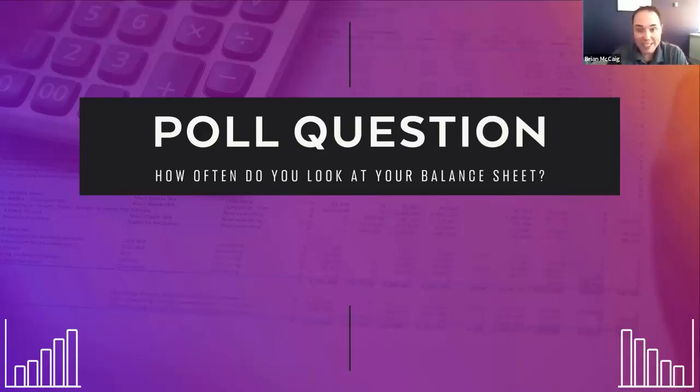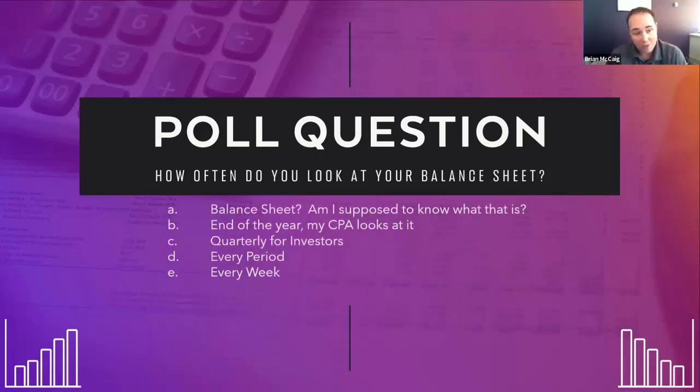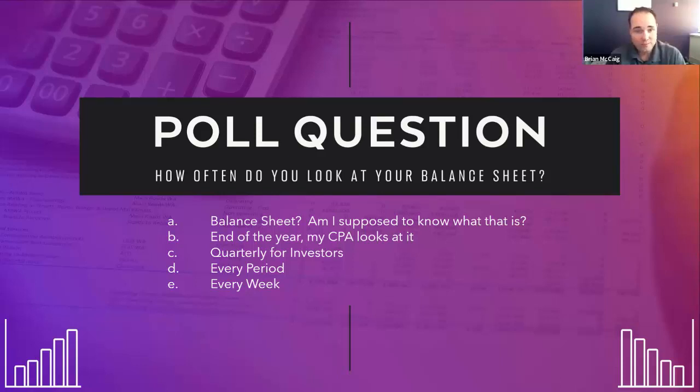But let's get on to our poll question for the day, and it's: how often do you look at your balance sheet? You may say, balance sheet, am I supposed to know what this is? And if so, don't worry, you came to the right place. You may say, end of the year, my CPA looks at this. You may say, I look at it quarterly, and maybe that's for investors.